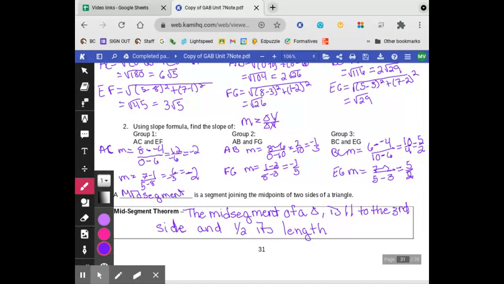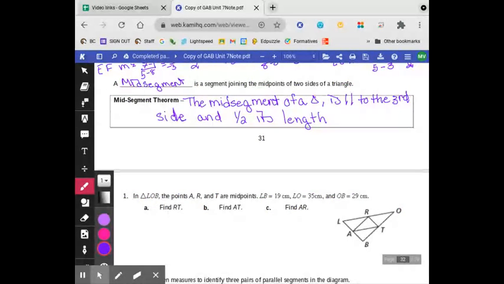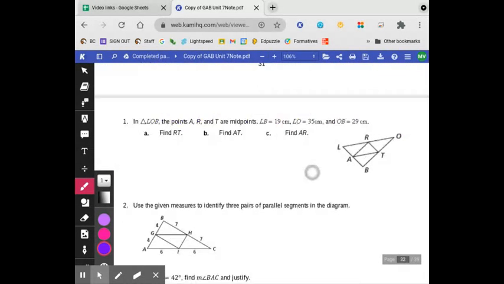So the midsegment theorem of a triangle is the midsegment is parallel to the third side and half its length. So we can use that to do problems like these.